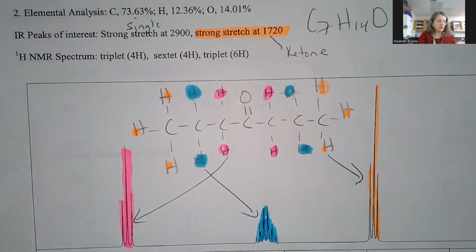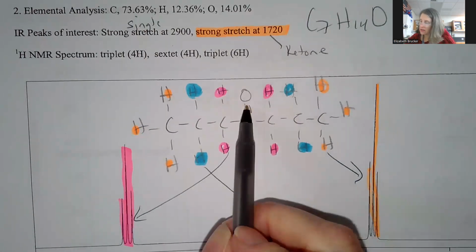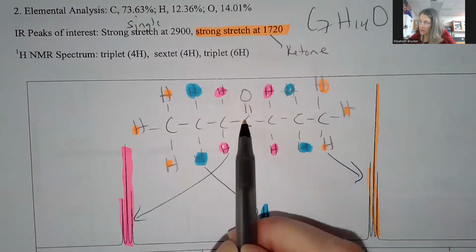And this is a ketone. Ketones have their naming system associated with them. And the name of this one, flipping around to find my answer because I can't remember off the top of my head. All right, so that C double bond O is in the middle of that molecule.